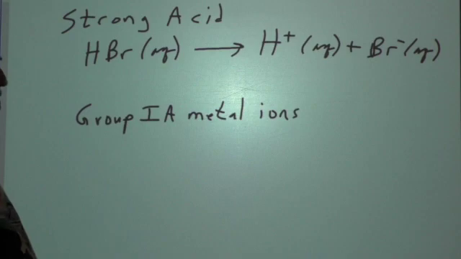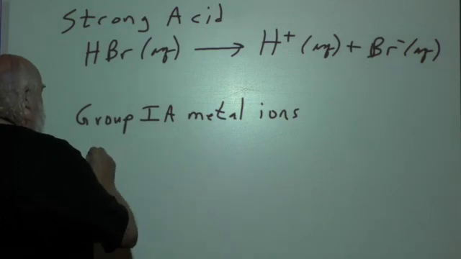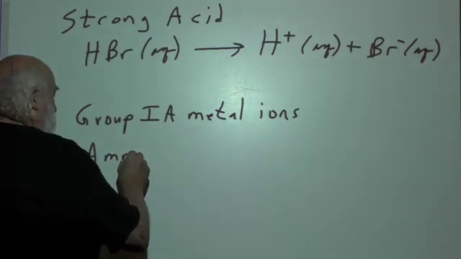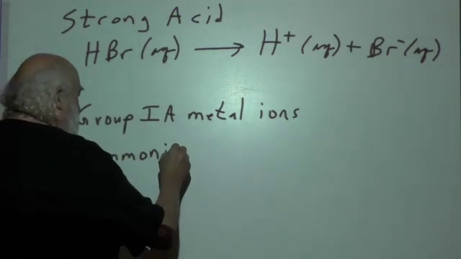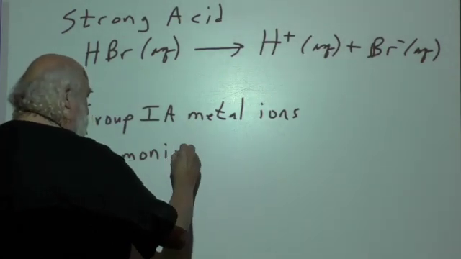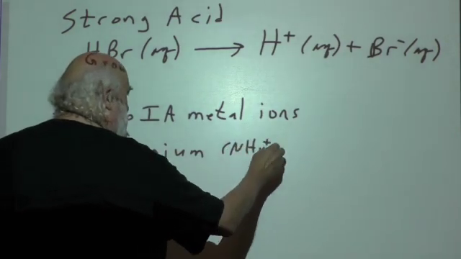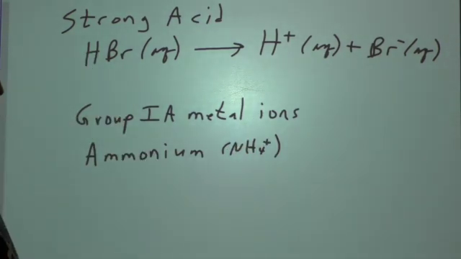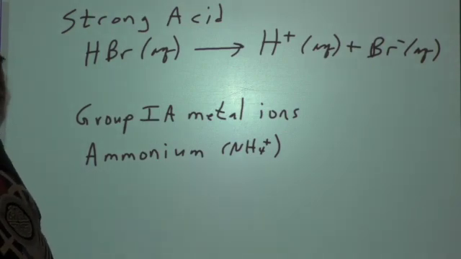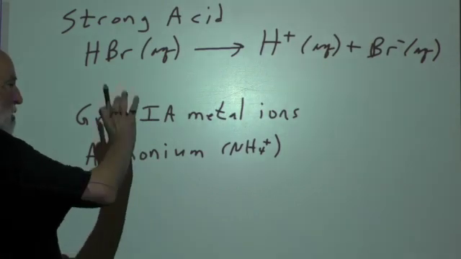But also, it turns out that ammonium falls in that category as well. Now, ammonium is ammonia with an extra proton attached to it, so that's NH4 positive, where ammonia is NH3. But this is an ion that, if you have that in your ionic compound, is 100% soluble. So those are the positive ions.